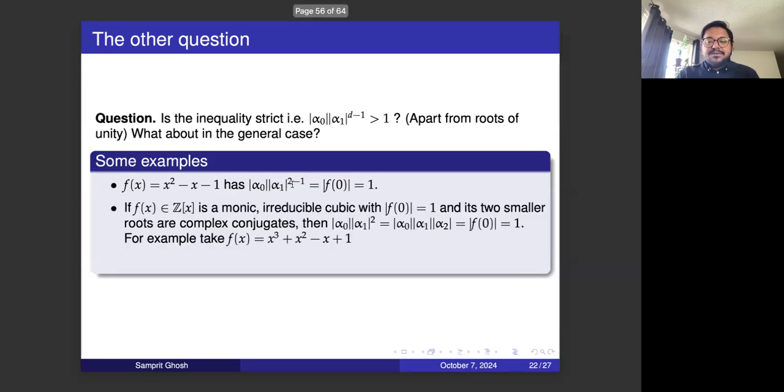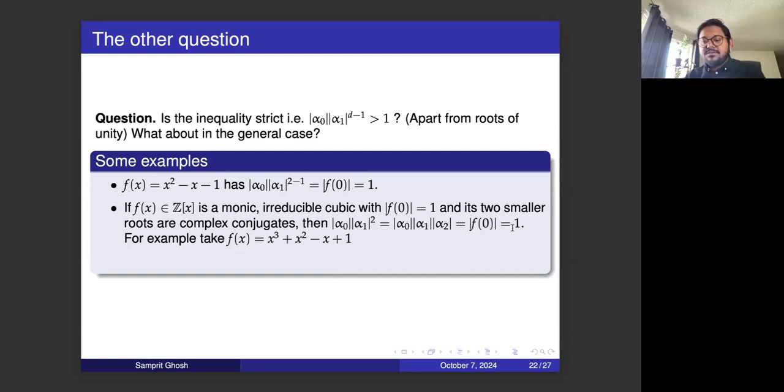For cubic polynomials, you can also construct examples in a specific way. For example, suppose you take a monic irreducible cubic such that f0 is 1, and two of its roots are complex conjugates. So one real root, two complex roots. Then alpha 0, alpha 1 squared, d minus 1 being 3 minus 2. Then you can just write that, because the two conjugates will have equal magnitude, mod alpha 0 times mod alpha 1 times mod alpha 2.